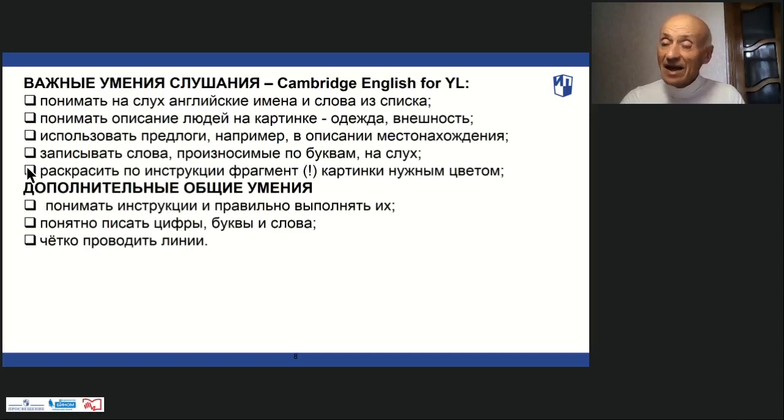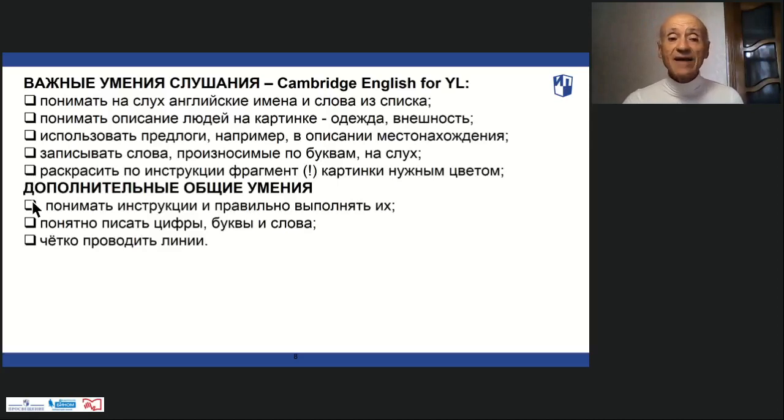That's interesting, because that helps to train in our learners attention, which is an important universal cognitive skill, what we call универсальное учебное действие, attention, especially important in the primary school.